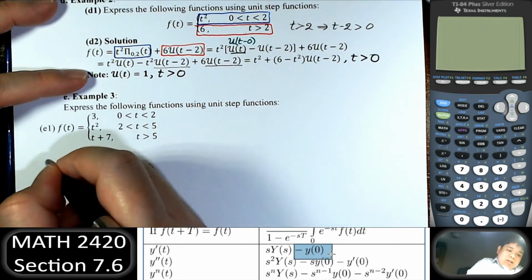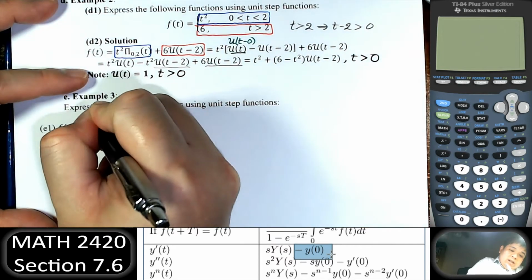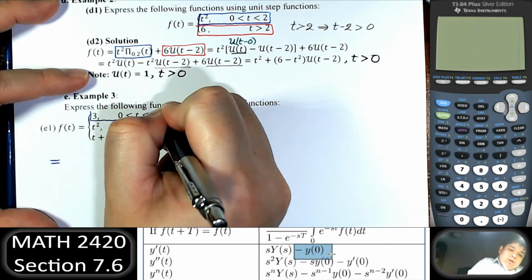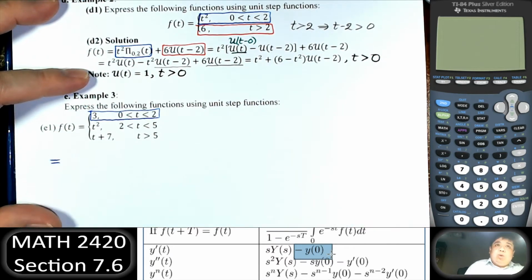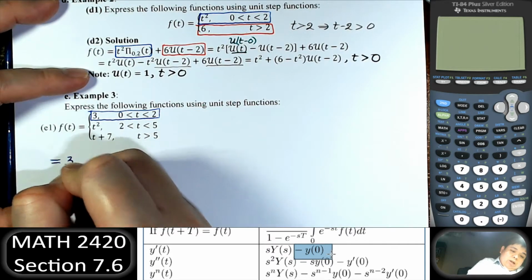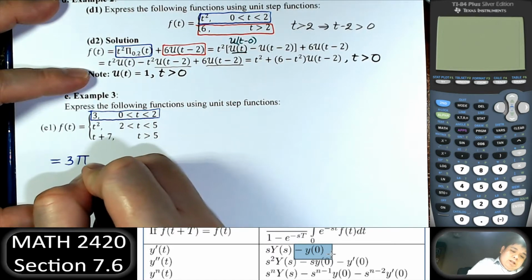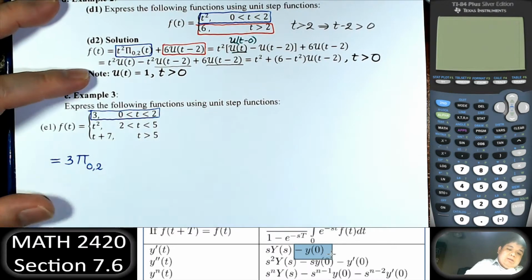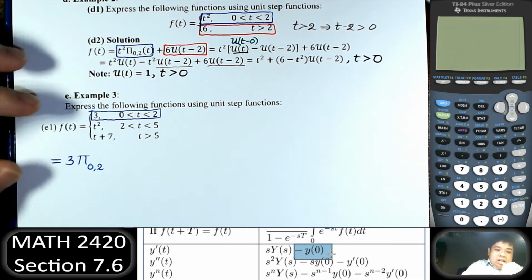The proper way to do this is first we look at the windows here from 0 to 2. It is equal to 3, meaning we will have 3 times the window from 0 to 2 of t.